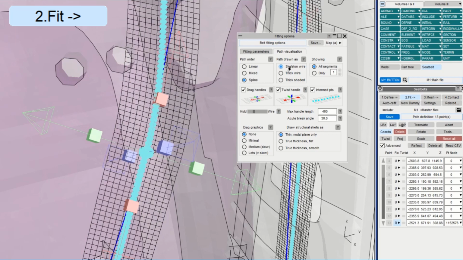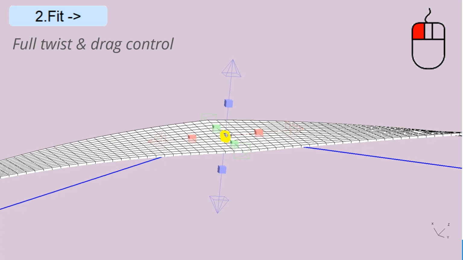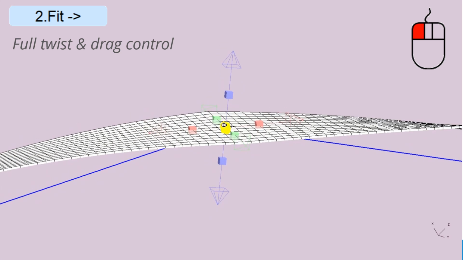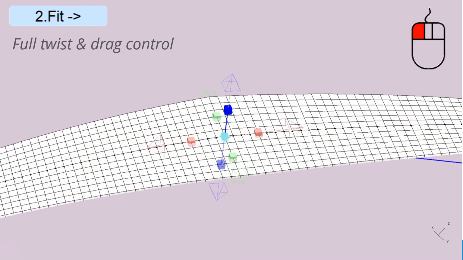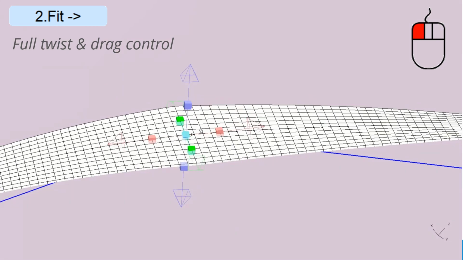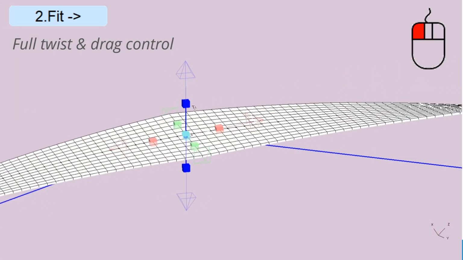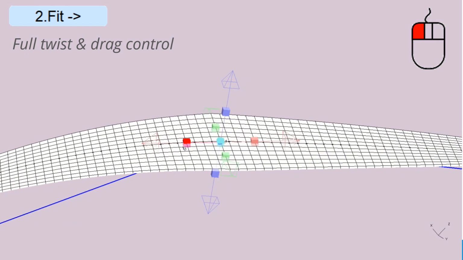Let's take a closer look at one point on the belt path. First, the point itself can be dragged in any direction in the screen plane. Dragging the arrow handles will pull the point in that local direction. Dragging the cube handles will twist the belt. Blue and green twist the plane of the belt at that point.